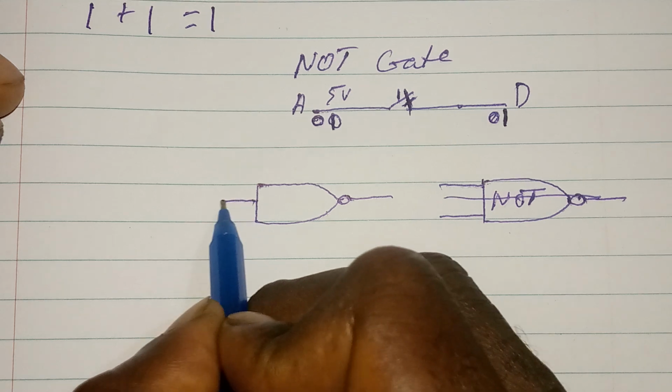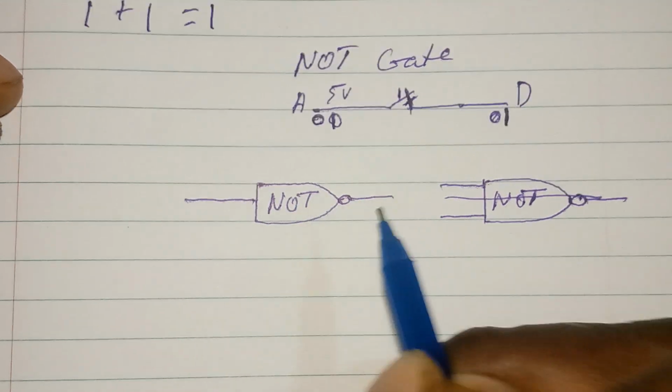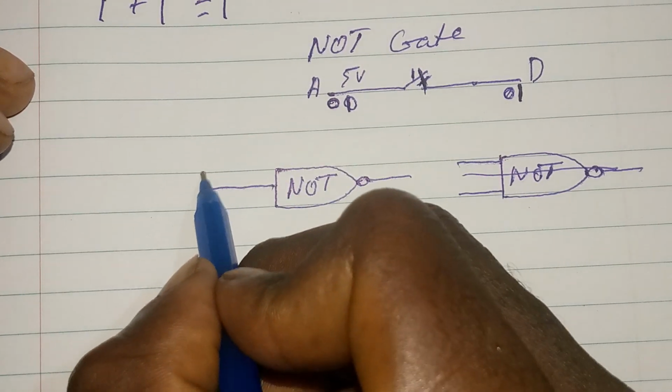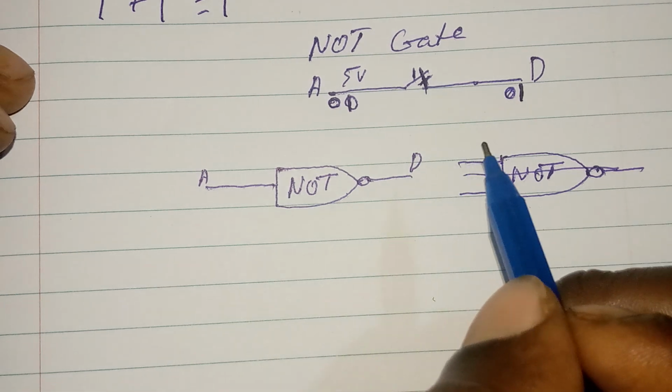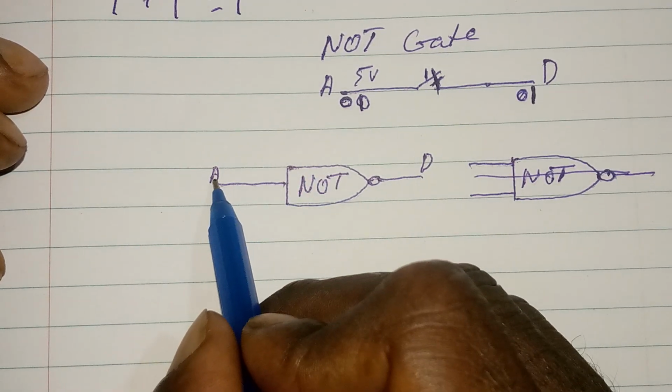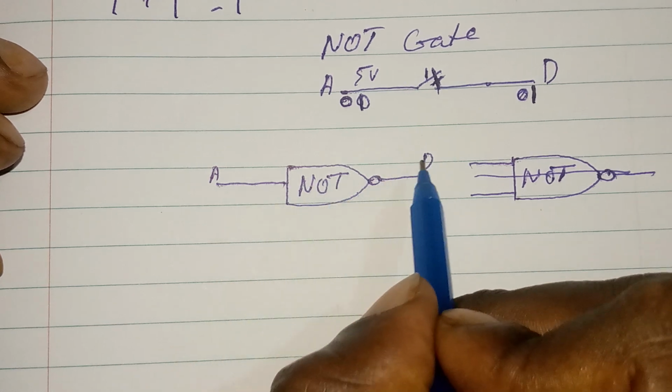Here, and then we have this point here. So we have A here and then we have the output here. So A is the inverse of D. The input is the inverse of D.